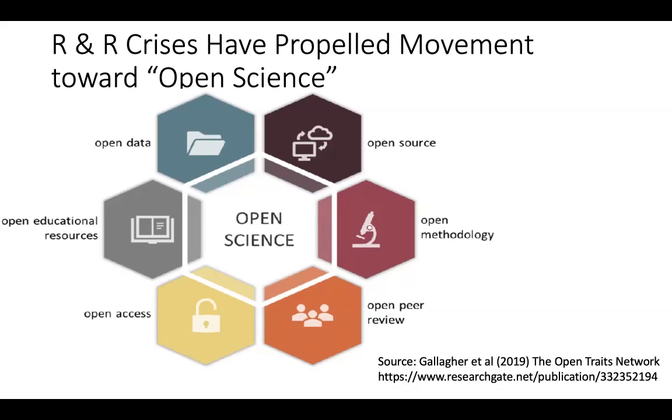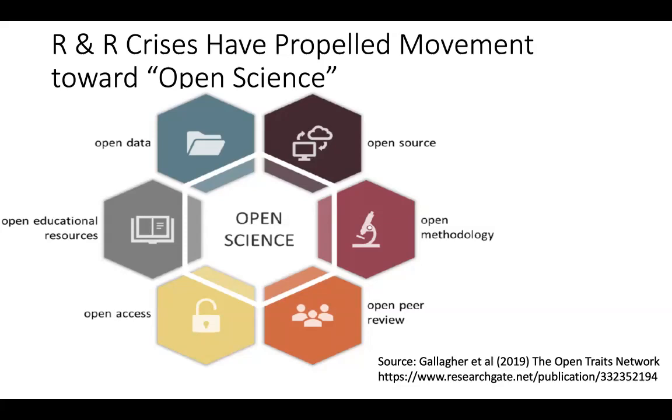The third component, open methodology, refers to shared standards for data collection protocols and the development of data collection manuals, coding manuals, and so on. So if you are coding particular variables from, say, interviews, or if you are computing scores from measures, it's important that all of those procedures be transparent and be available.